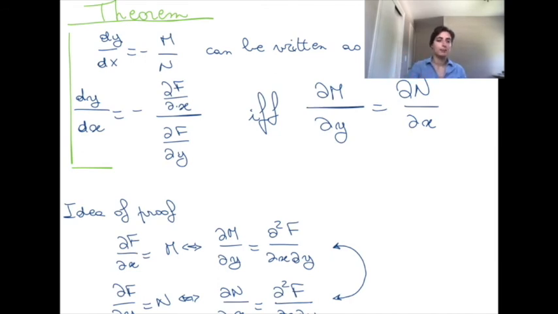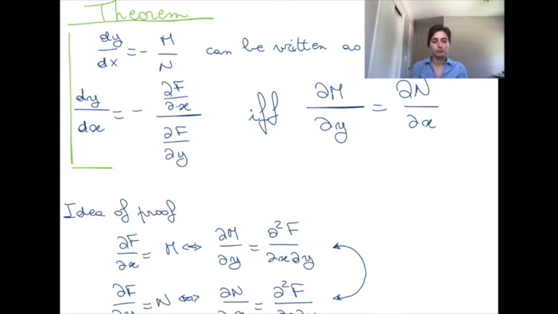When can this happen? Dy over dx equals minus the fraction m over n can be written as dy over dx equals minus the fraction between the partial derivatives of f only if the partial derivative of m with respect to y is equal to the partial derivative of n with respect to x. So we are swapping the partial derivatives.